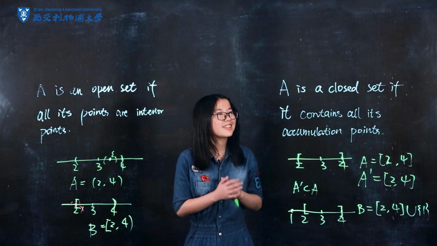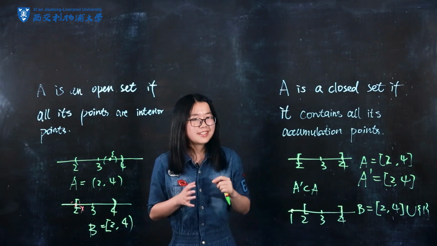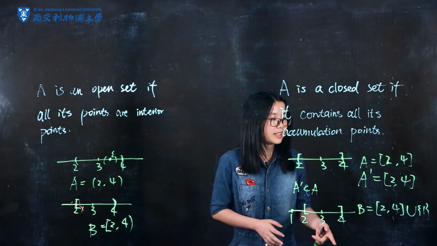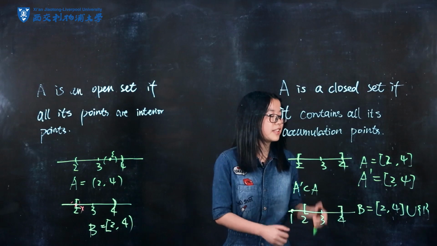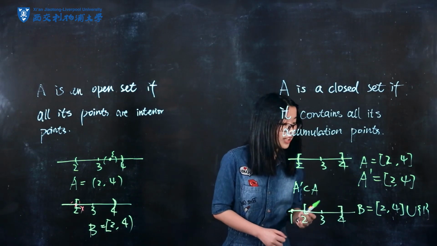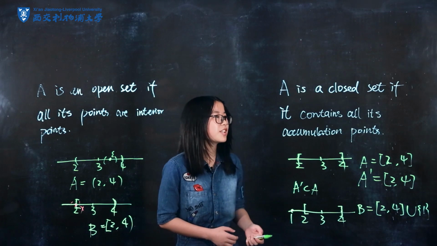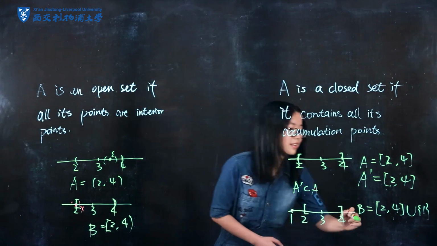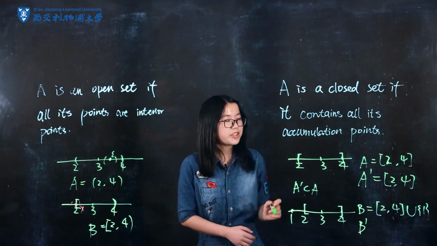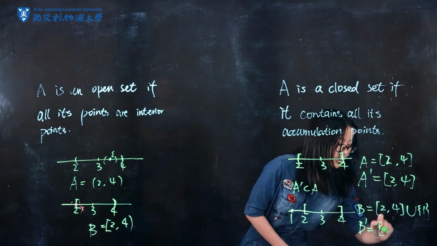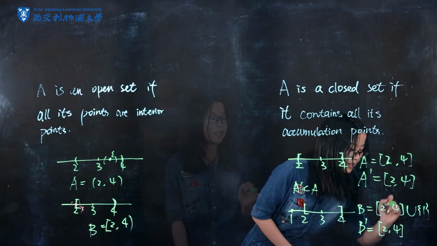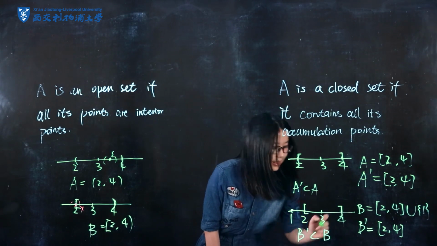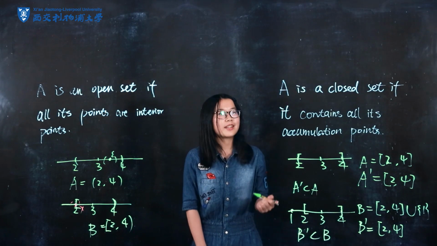Is this set a closed set? Well, it is still a closed set. You can compare these two examples: B just has an extra element 1, but you can check that 1 is not an accumulation point of B. So the set of accumulation points of B is the same as that of A. So B prime is contained in B, and that is why B is a closed set.